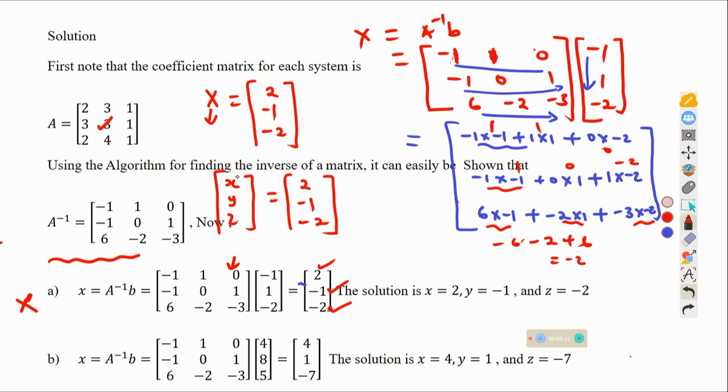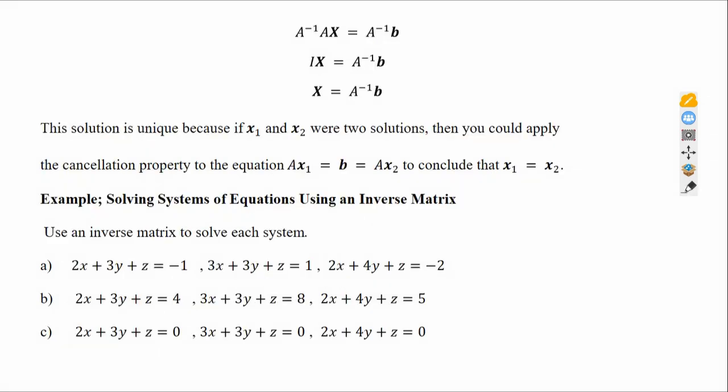For these two matrices to be equal, the corresponding entries must be equal. So we say x is the same as 2, y is equal to negative 1, z is equal to negative 2. So you have got the values of x, y, and z.